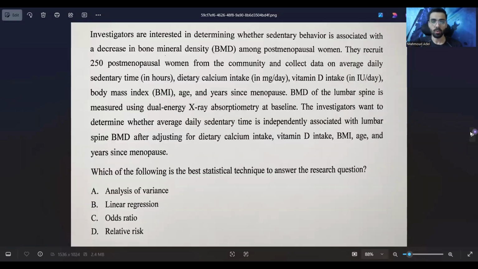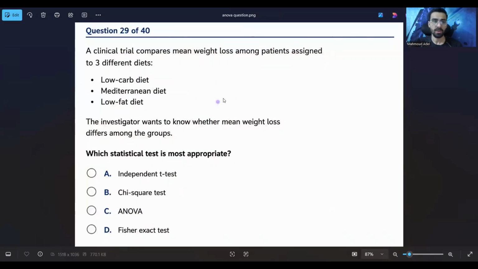Let's have some questions. A clinical trial compares mean weight loss among patients assigned to three different diets: low carb diet, Mediterranean diet, and low fat diet. The investigator wants to know whether mean weight loss differs among the groups. Which statistical test is more appropriate? Let's think in an organized way. Your number one step is to know your variables.